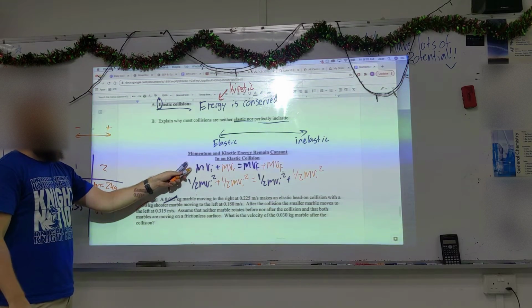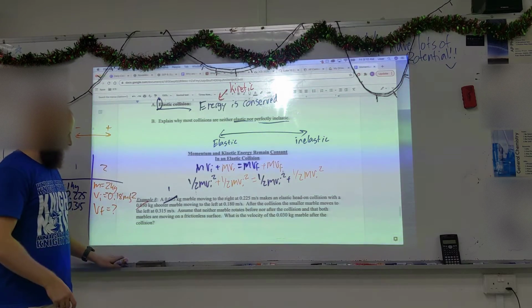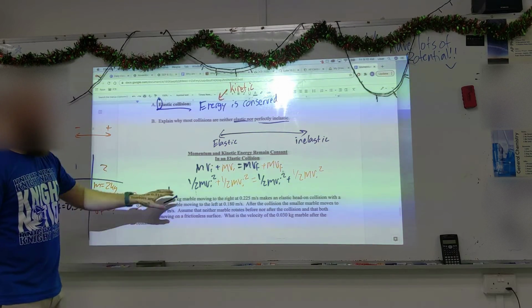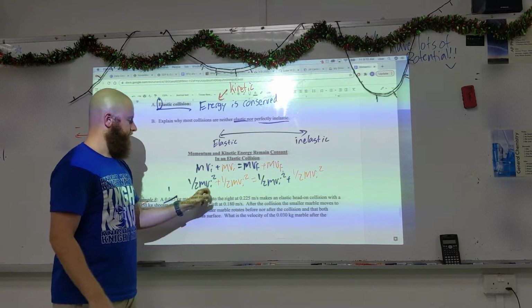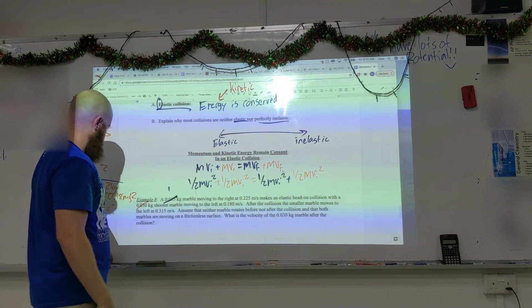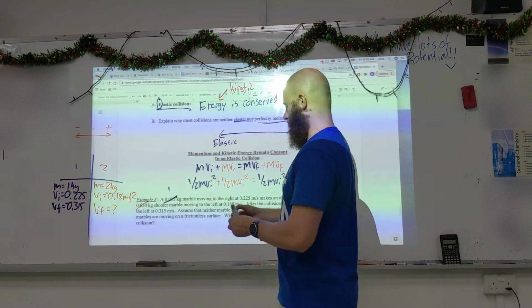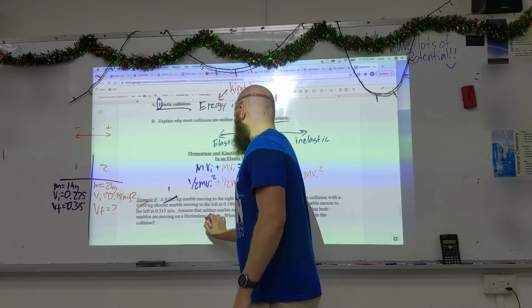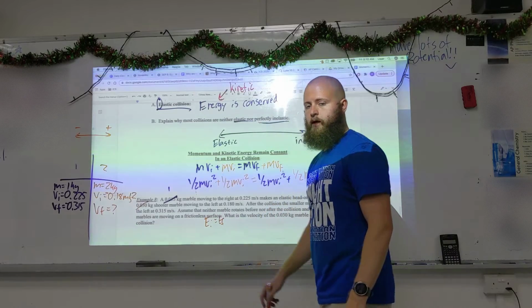Let's go ahead and use this. What do you notice about all these 1/2s? If I have the same factor in every single term, I can actually get rid of it. But let's write it out for practice's sake. Let's start with Ei equals Ef to show that we know energy is conserved.